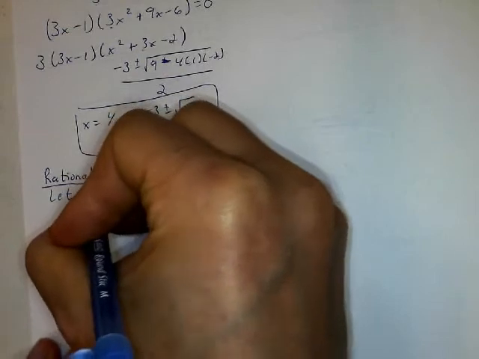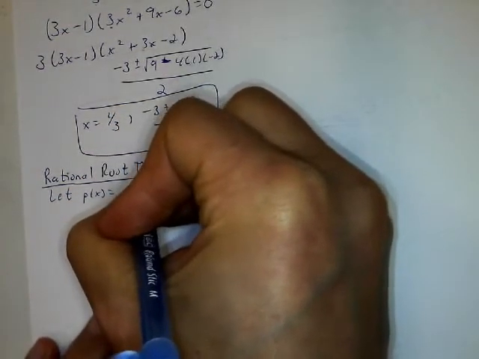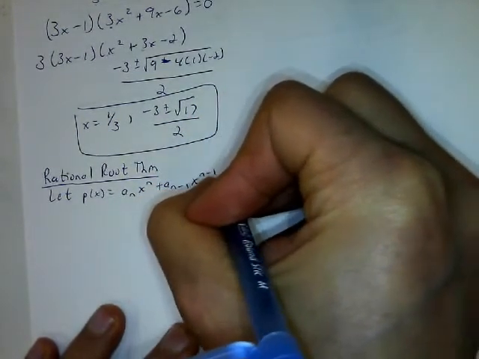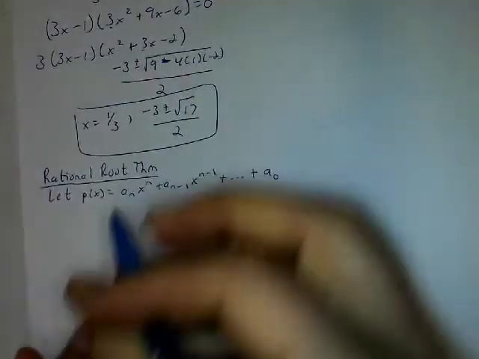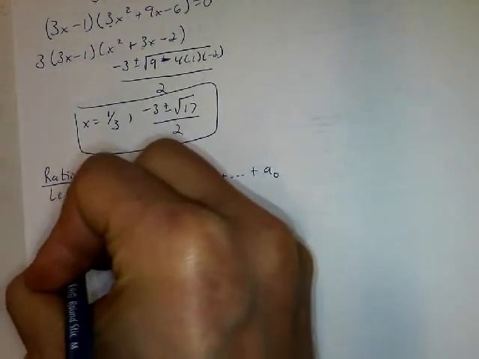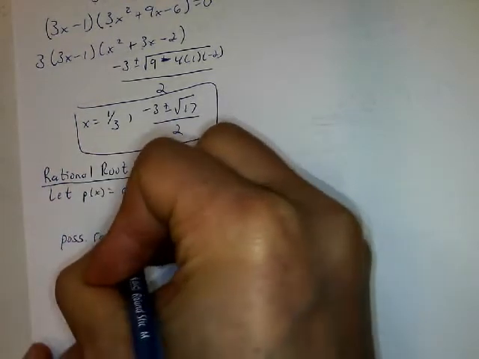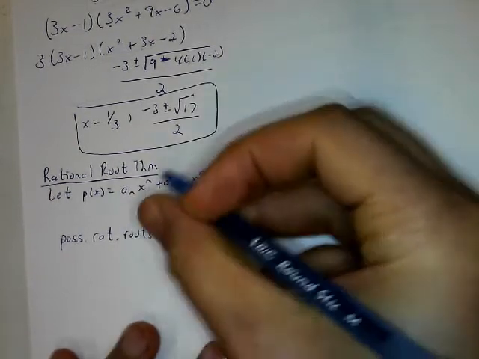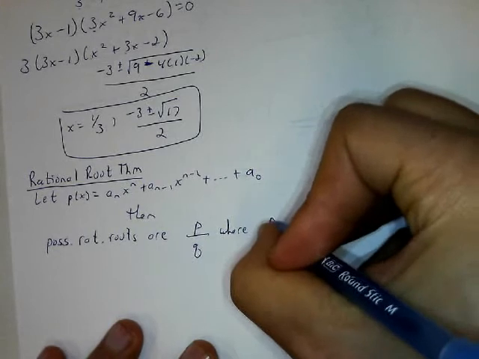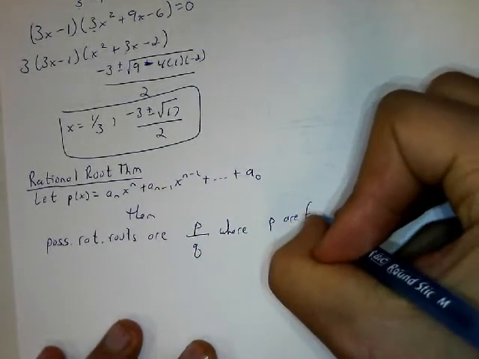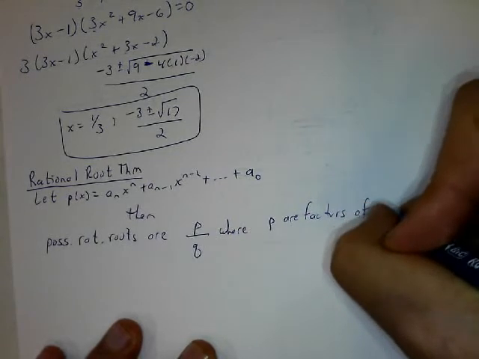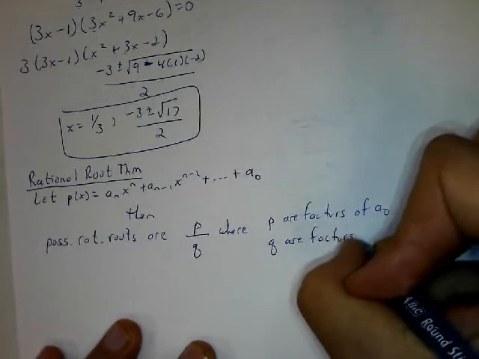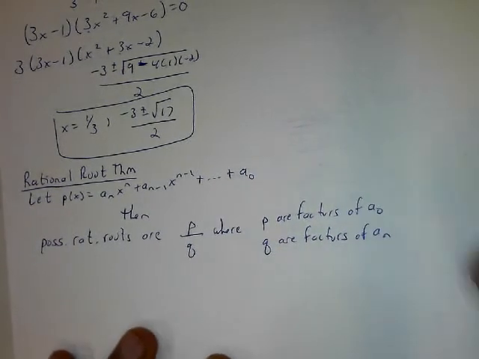If you let p of x equal a sub n x to the n plus a sub n minus 1 x to the n minus 1 plus, I'm going to go all the way down to a sub 0, then the possible rational roots are p divided by q, where p are the factors of a sub 0 and q are the factors of a sub n.